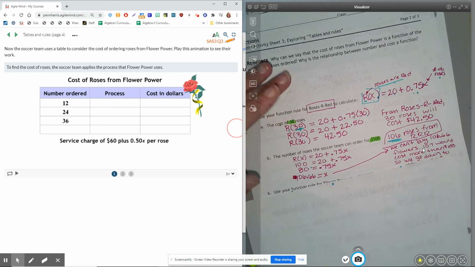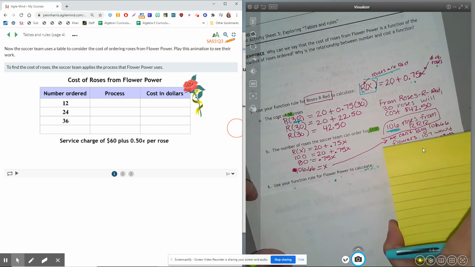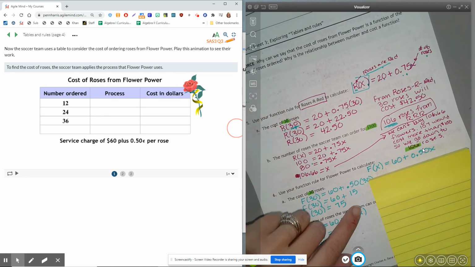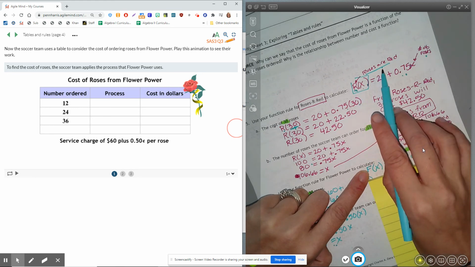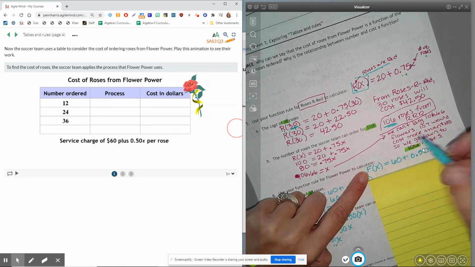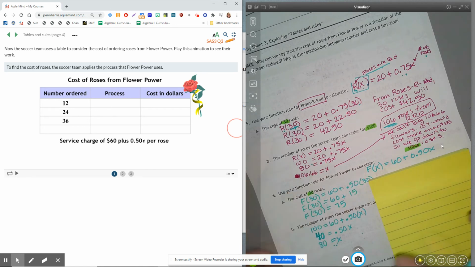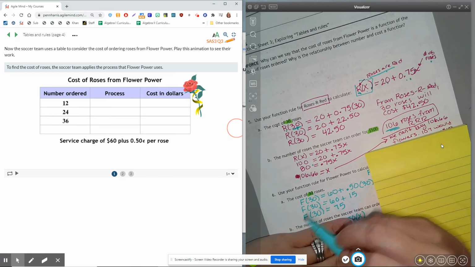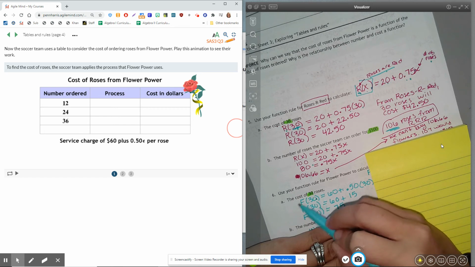Now we're going to go through the same thing here with our Flower Power. If you remember their function, I chose F this time instead of the R. R was for the Roses Are Red company. I chose F for the Flower Power company. So here, guys, their function was 60 plus 0.5x. What I'm going to do here is say the function of 30 roses from Flower Power.